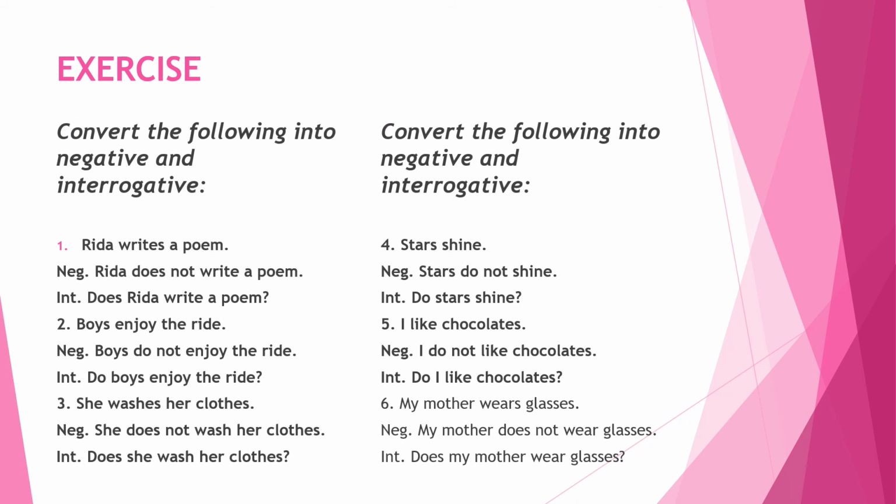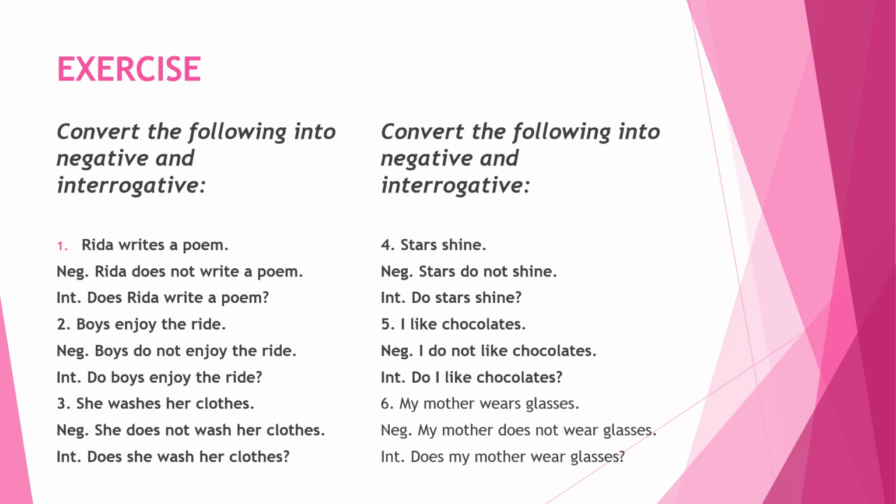Here is the exercise which I have written for you so that you may practice. You may see how the sentences are written, and then how they are converted into their negative and interrogative forms. So the question states, convert the following into negative and interrogative.